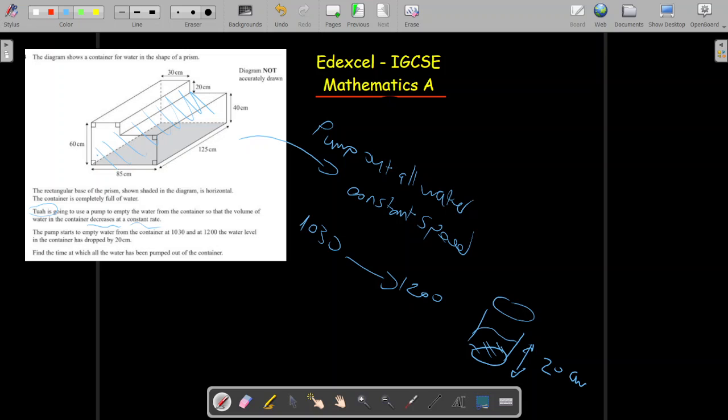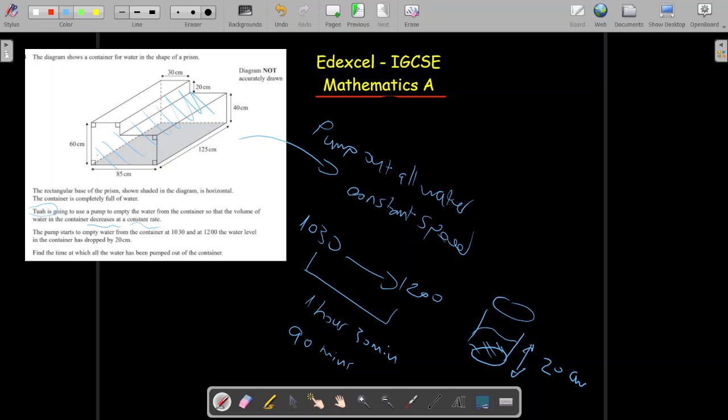He wants you to know the required time in which all the water has been pumped out of the container. So what do I need to analyze? The period of time between these two is 1 hour 30 minutes. I'm going to use minutes, so it's equal to 90 minutes in total.